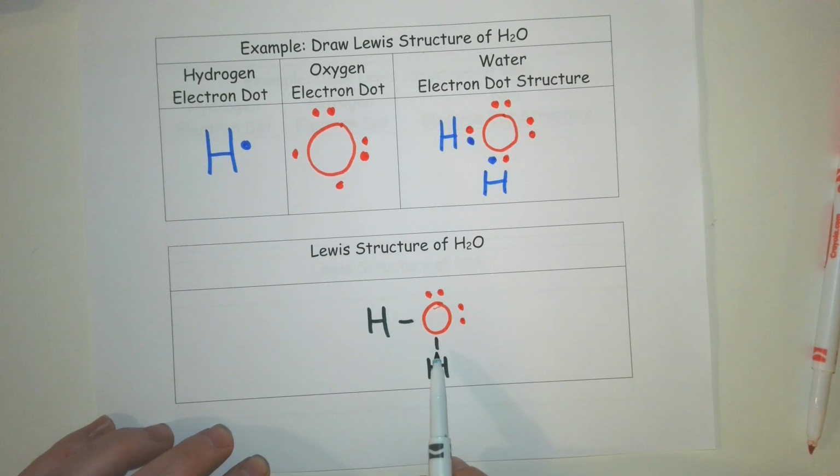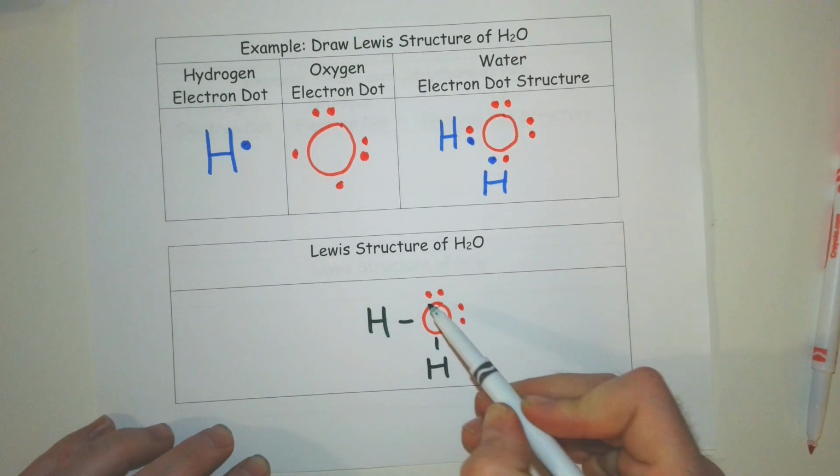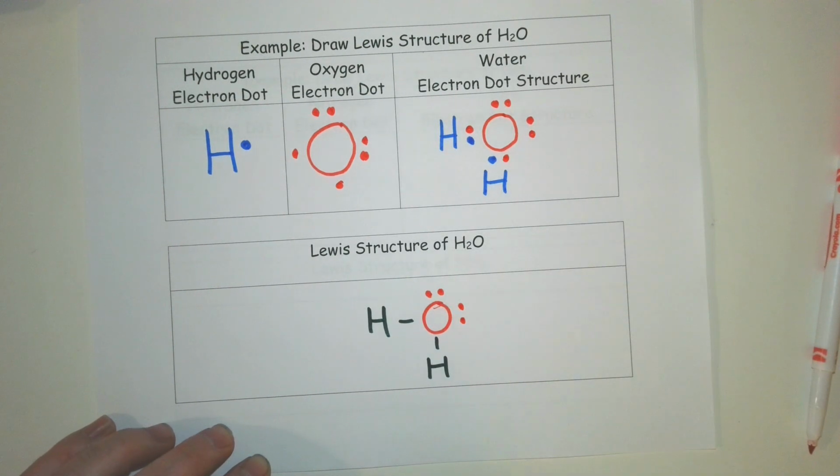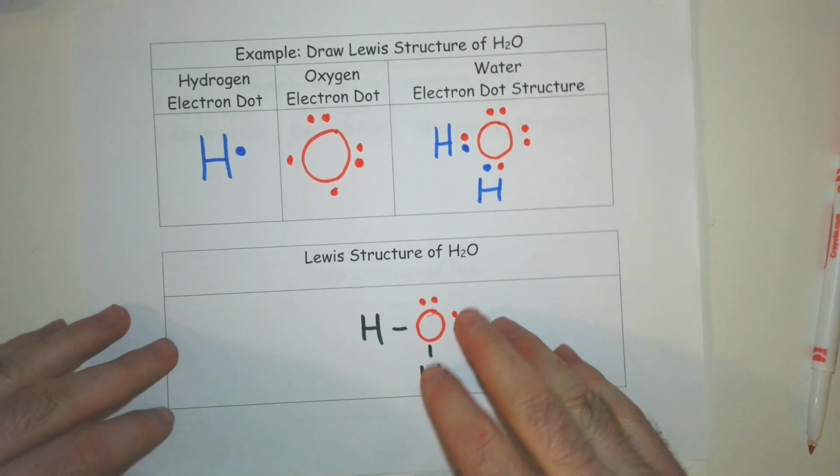Every dash represents 2 electrons, so we have 2, 4, 5, 6, 7, 8. So oxygen has 8 valence electrons now with this sharing going on, and each hydrogen has 2. So now we have fulfilled the octet rule, and this is the Lewis structure of H₂O, water.